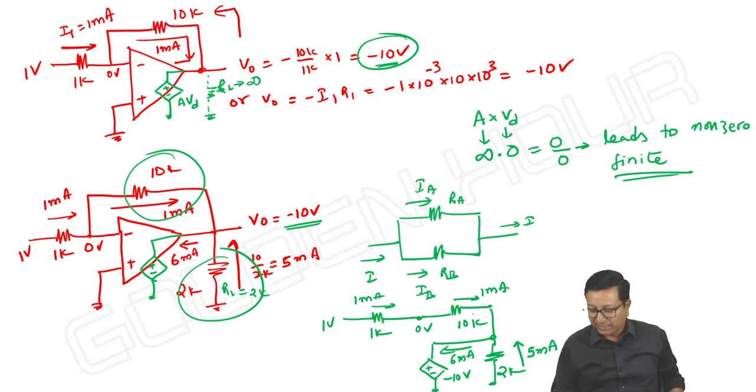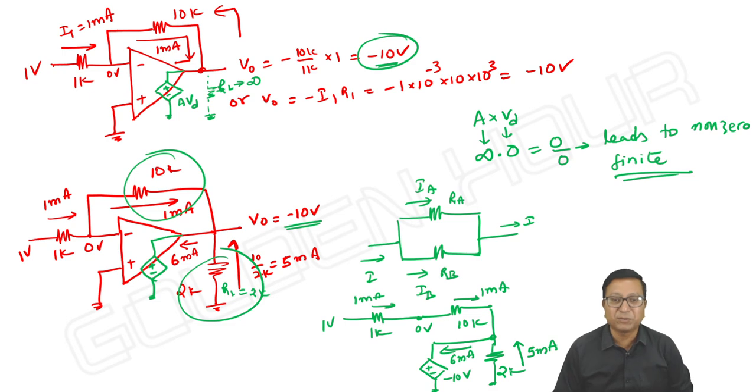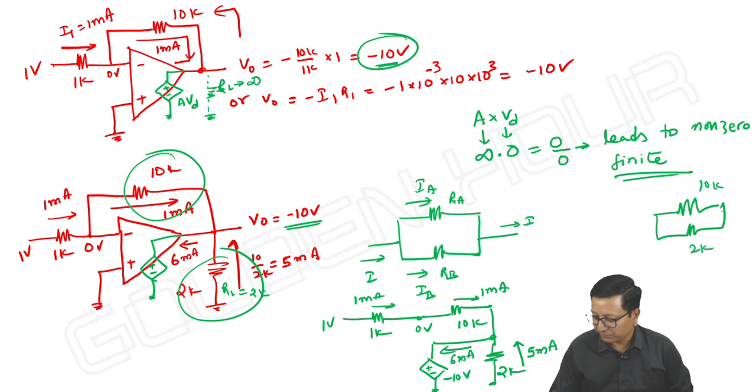It doesn't mean that the 10K resistor is parallel with 2K. Okay, here 10K and 2K, this circuit is different from 10K parallel with 2K. Here the current may be 5 milliampere and here the current is 1 milliampere, both are entering this point. If that is the case, 6 milliampere is released, 6 milliamps has to enter.